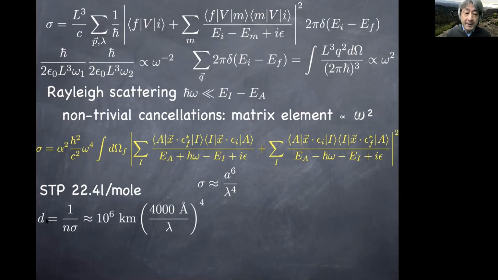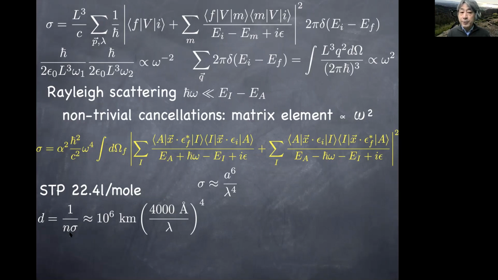The definition of the mean free path is the inverse of the density of the target times the cross-section. Just to get an idea what this means: each target has this area given by the cross-section sigma, and in a unit volume, you have n of them.